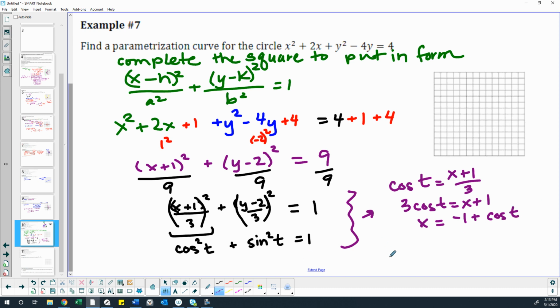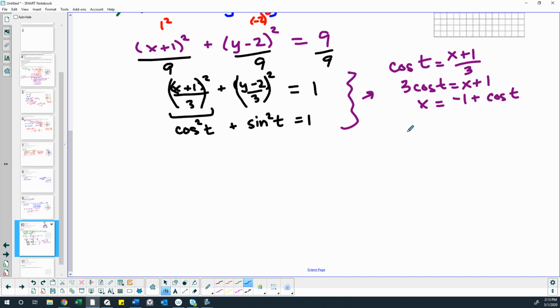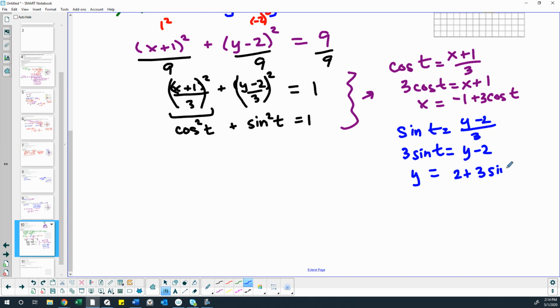It doesn't really matter. Then likewise, we would have, oh, I forgot the 3. Sorry about that. So sine of t is going to equal (y minus 2) over 3, which means 3 sine t equals y minus 2, which means y equals 2 plus 3 sine t.